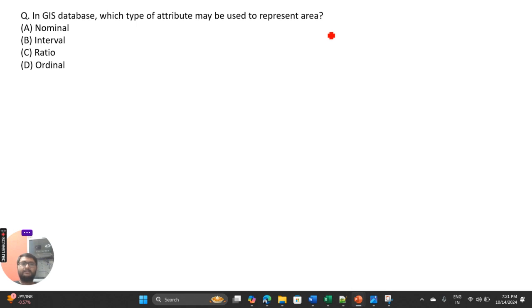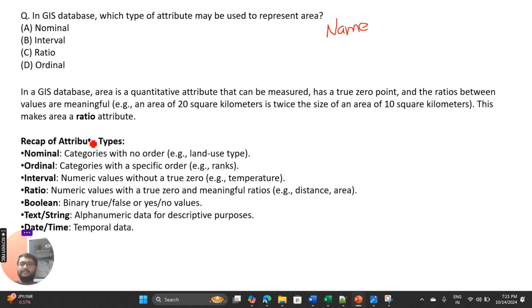But here, what I'm specifying is, let's say the name of the lake has obviously text data. But what we are interested in is whether this is quantifiable or not.